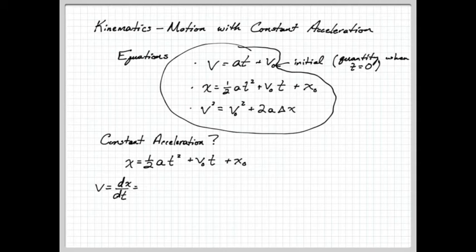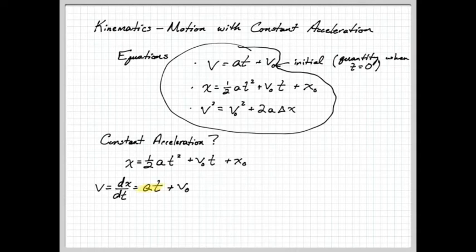So what happens if we take a derivative here? In the first term, the 1/2 and the a are constants, so we bring that exponent 2 down, and that cancels the 1/2, and we're simply left with acceleration times time. In the next term, initial velocity times time, its derivative would just be the initial velocity, because that's a constant. And the final term, initial position, is a constant, so it goes away.